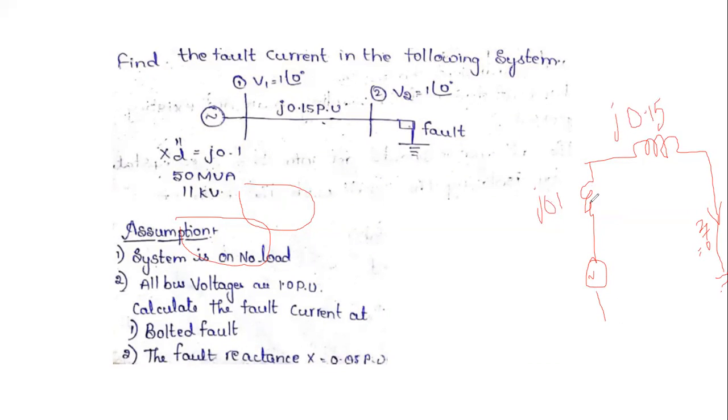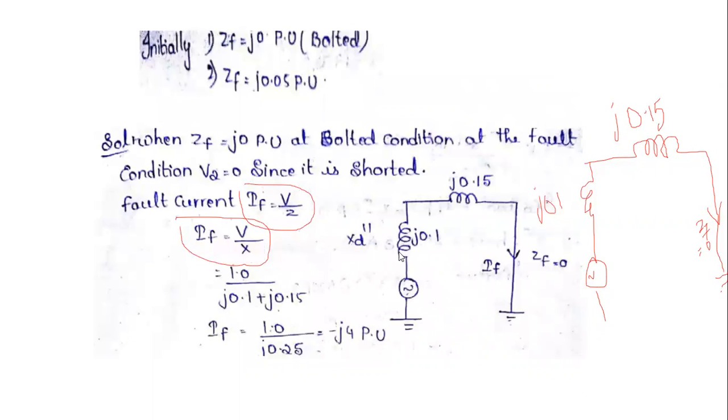This is the generator equivalent reactance and this is the transmission line equivalent reactance. This is the equivalent circuit for the given single line diagram, the equivalent reactance diagram.